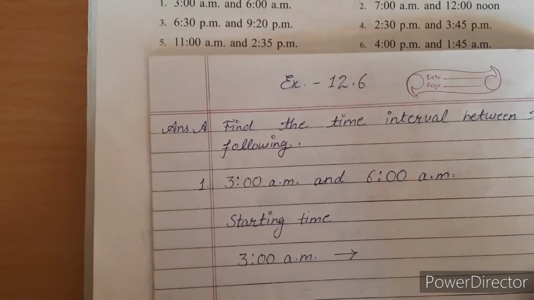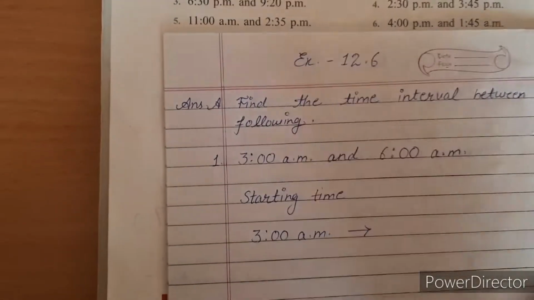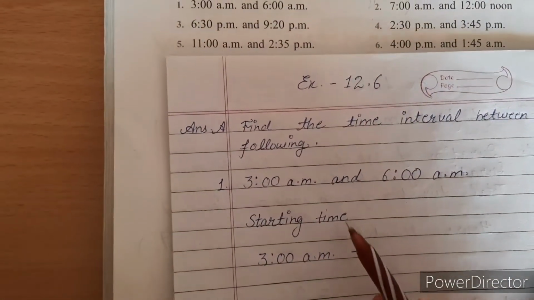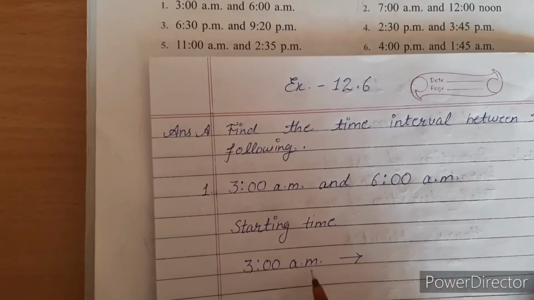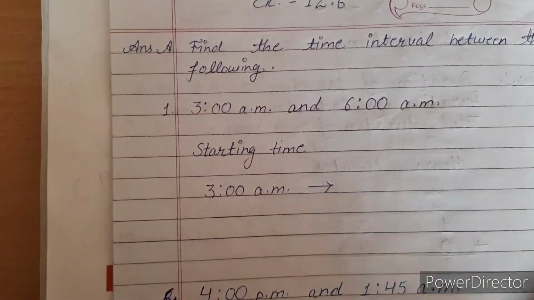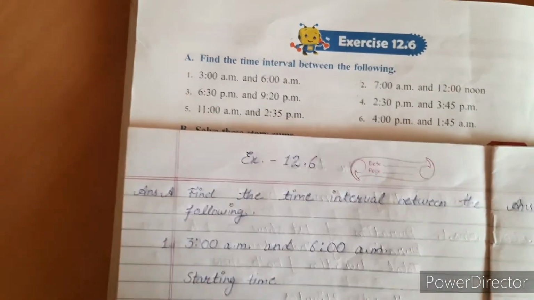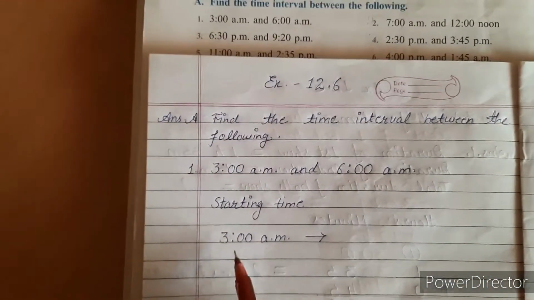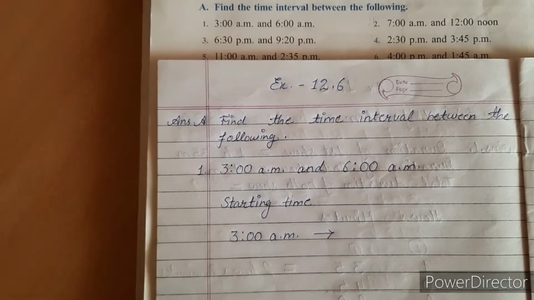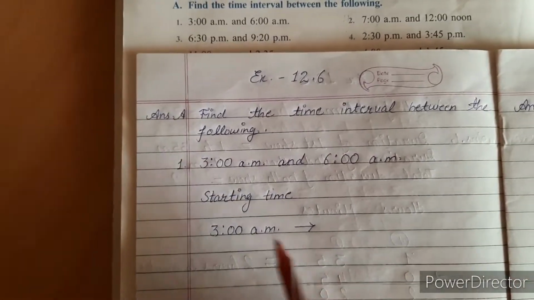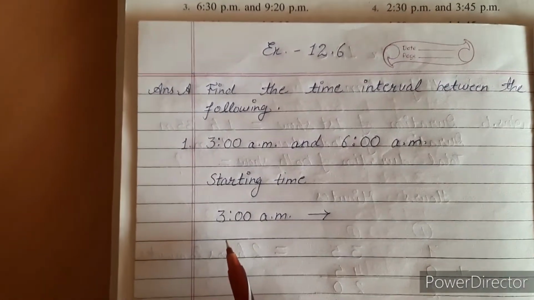In this way, as I have drafted for you, the starting time of the event is 3 o'clock in the morning and it is finishing at 6 a.m. So the starting time is 3 a.m. and we have to count the complete hours.